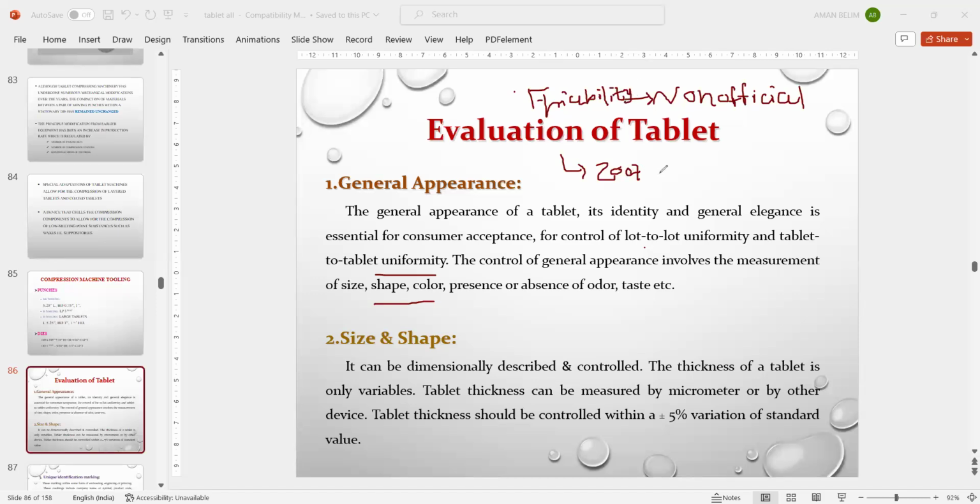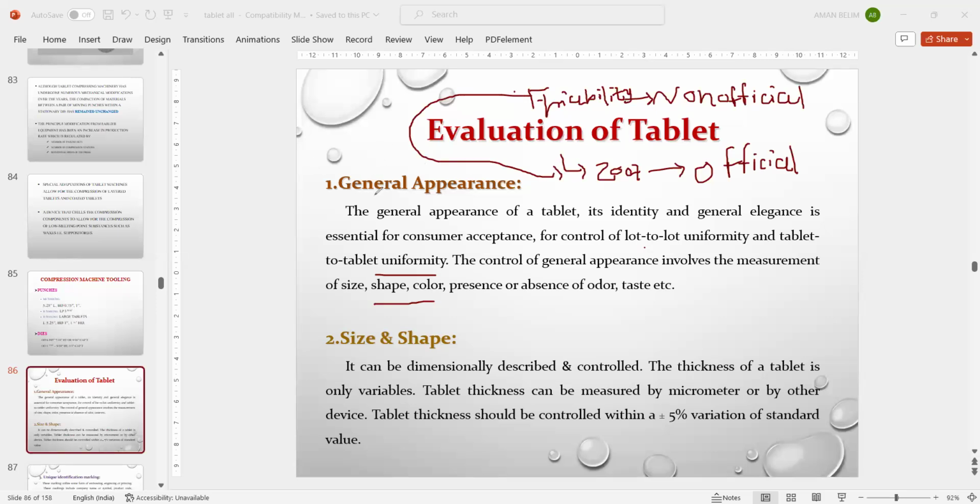But after 2007, friability was covered under the official tests. Okay, so this is a very important thing, because in some books it may still be written that friability is a non-official test, but actually from 2007 friability is included in the official tests. Okay, so it is very important.